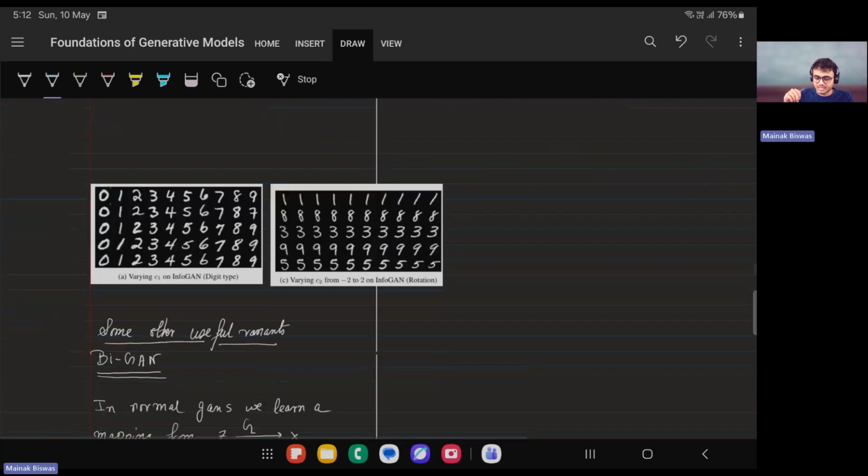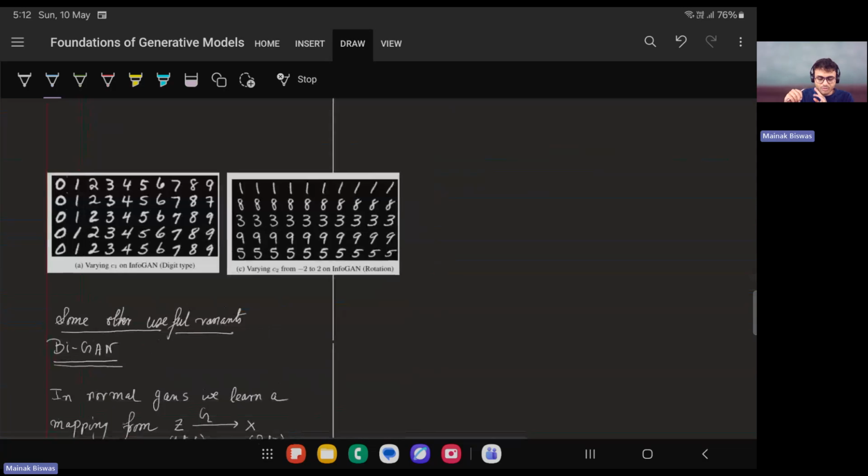So let's take an example and see what the paper shows. You could see that C1 could be one category, right? It has 1, 2, 3, 4, 5, 6, 7, 8, 9, 10 categories. So if the first category is 1, it is going to output a 1. The InfoGAN is saying that this C1 is encoding the digit type.